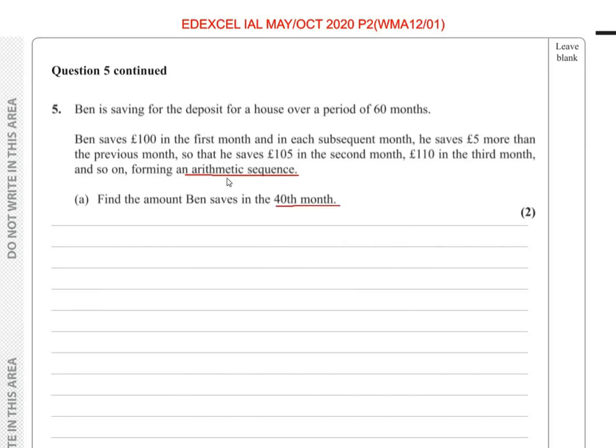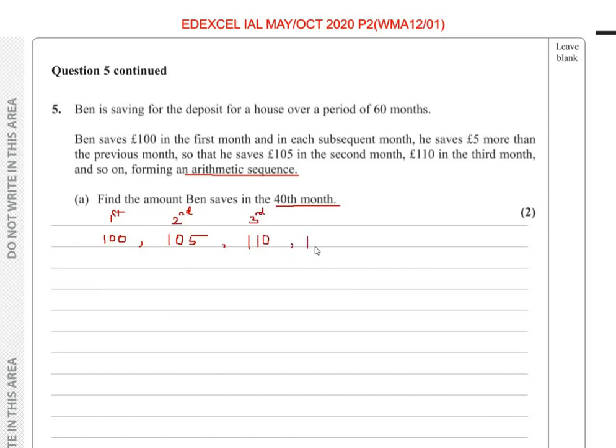Since they have already given in the question that it is an arithmetic sequence, let us write down the given numbers. 100. This is for the first month. And then we have 105 because he is saving £5 more in the second month. In the third month he is going to save 110, £5 more.